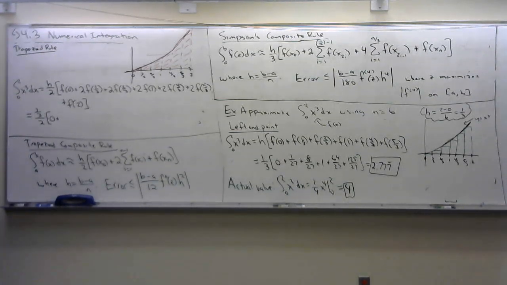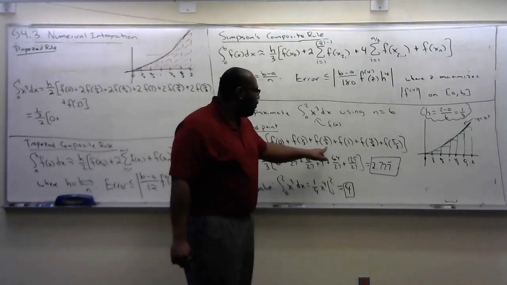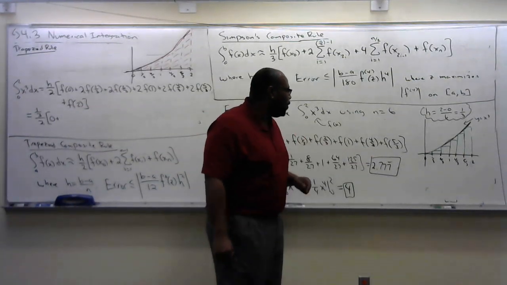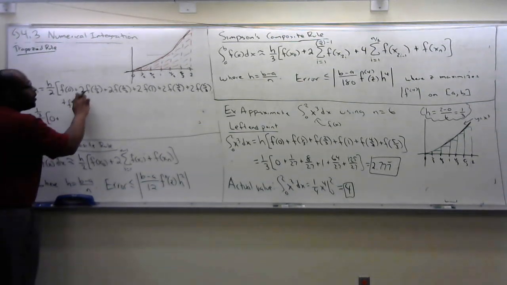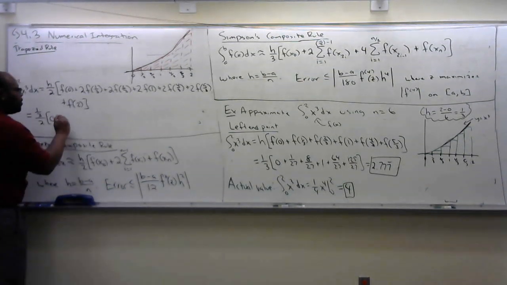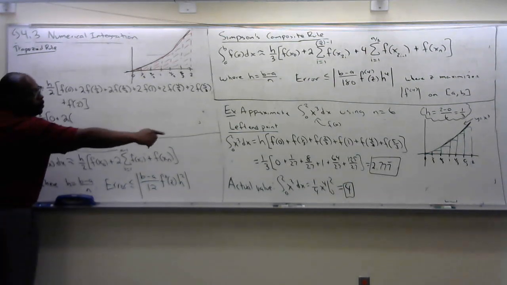I've seen those before over there. Right, we just did it with the left endpoint method. F of 1/3, F of 2/3, F of 1, and F of 4/3. I already know what those are. Actually, I know all the values. What I want to do is this 2 is multiplied times those guys. So we're just going to do 2 times all those guys that I have there.